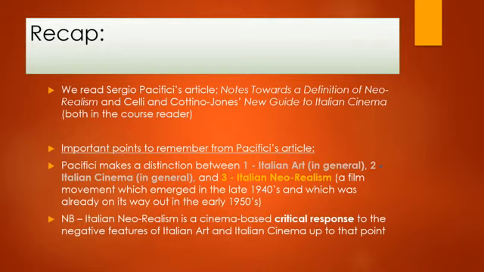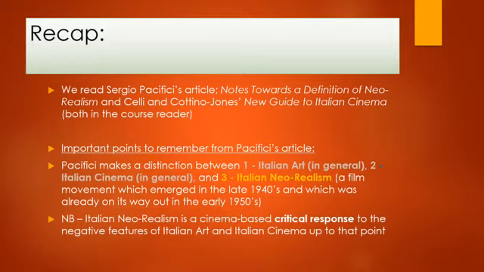Pacifici makes a big distinction between Italian art and society in general, Italian cinema in general, and number 3, Italian neorealism. Right? Which is just a short little film movement that moves from the 40s and is on its way out in the 50s.